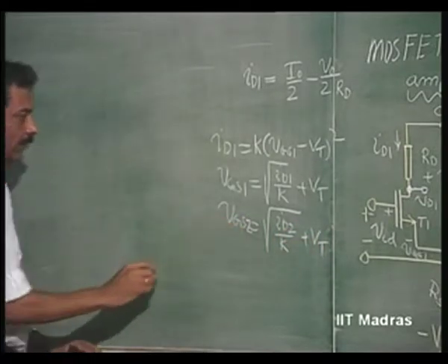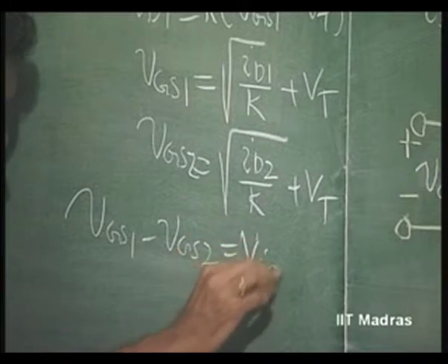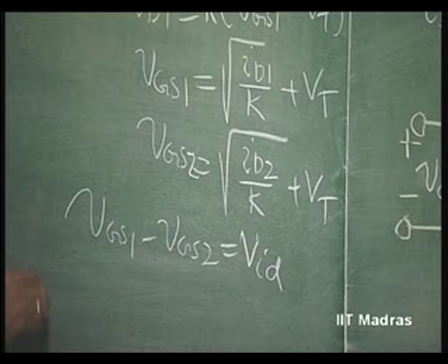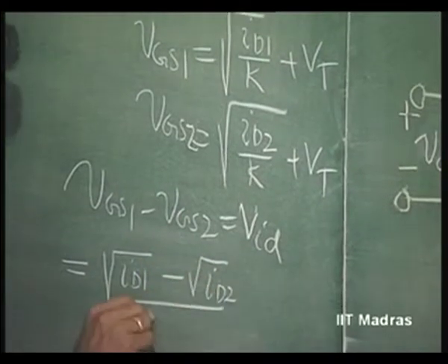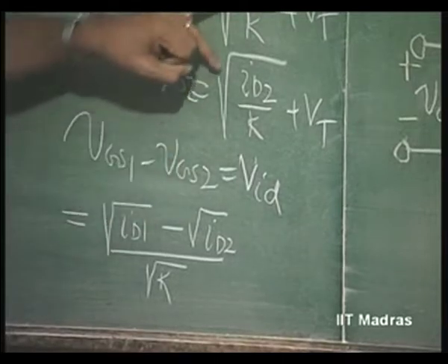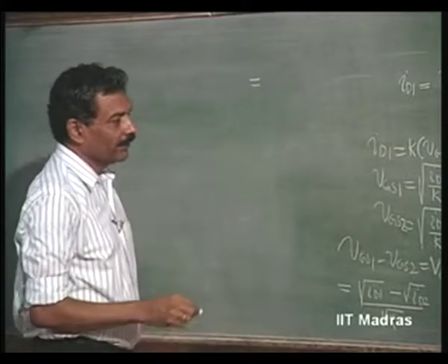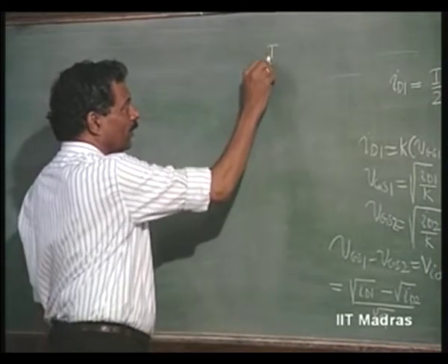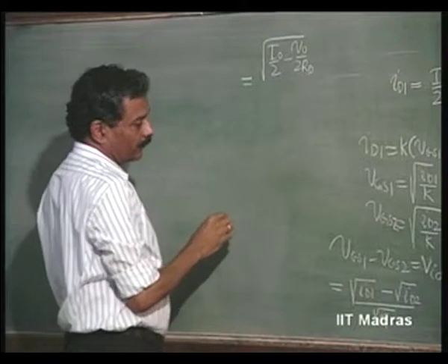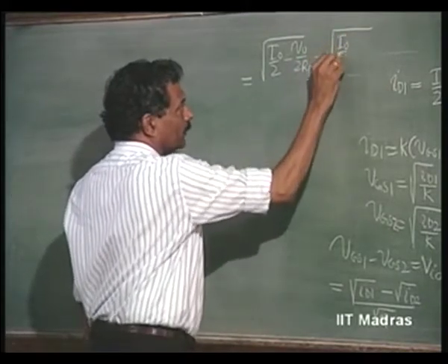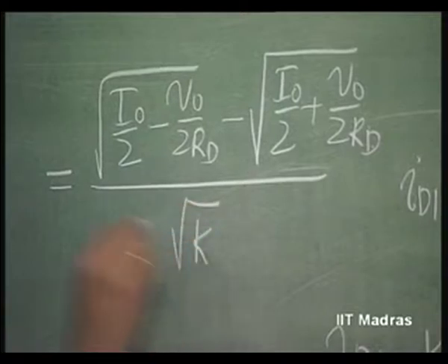Therefore, VGS1 minus VGS2, which is defined as VID, is nothing but root of ID1 minus root of ID2 by root K. Now ID1 and ID2 you substitute from that, as ID1 was I naught by 2 minus V naught by 2RD, minus I naught by 2 plus V naught by 2RD, the whole thing divided by root K is VID.